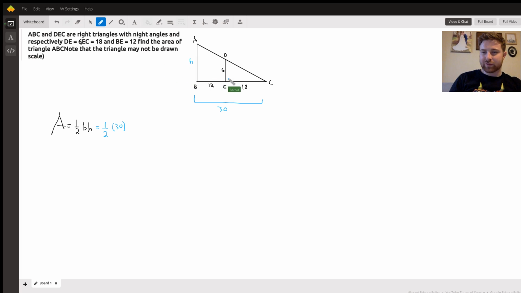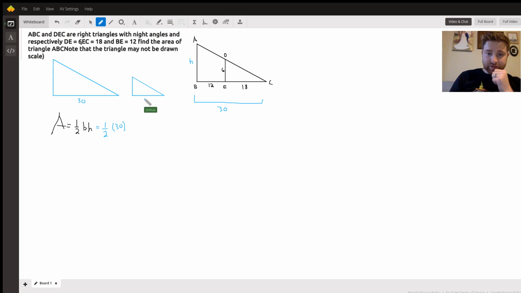Well, this is an interesting problem. We can actually separate these triangles. I find that to be a little more helpful. So for the big one, it's going to look something like this. And for the little one, it looks something like this. We figured out the base of this big one, ABC, is 30.